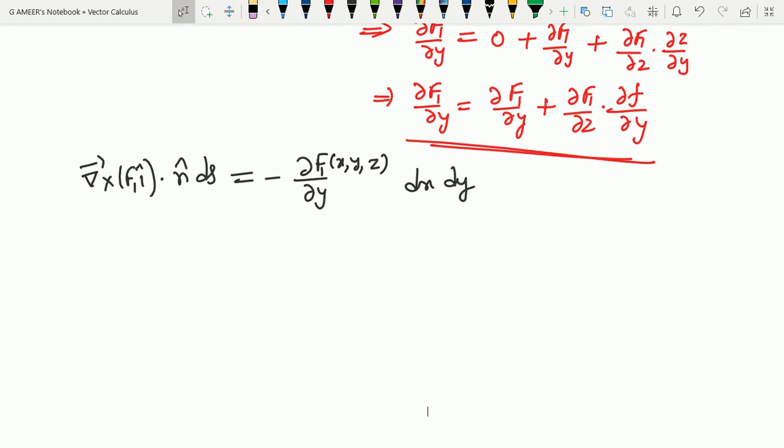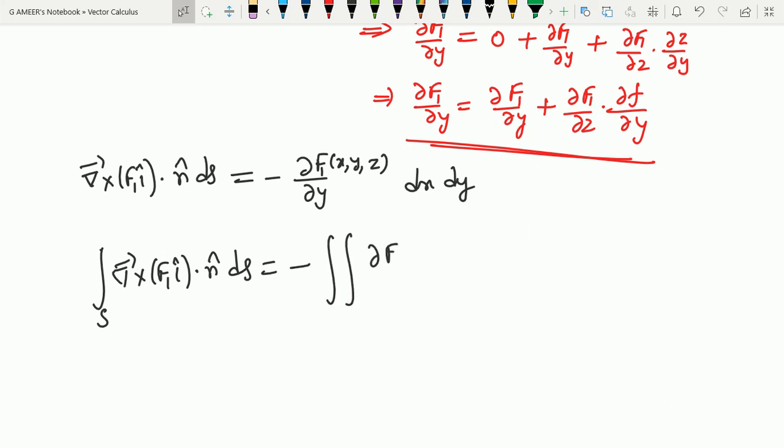So surface integration of del cross f1 i dot n cap dS will be equal to minus the surface integration of ∂f1/∂y (f1 is a function of x, y, z) into dy dx in a certain region in the xy plane.